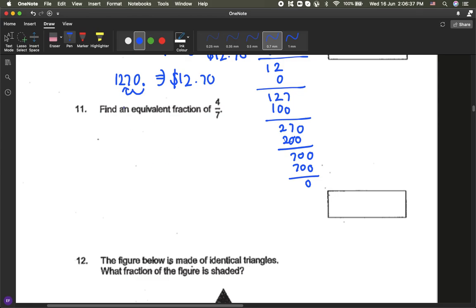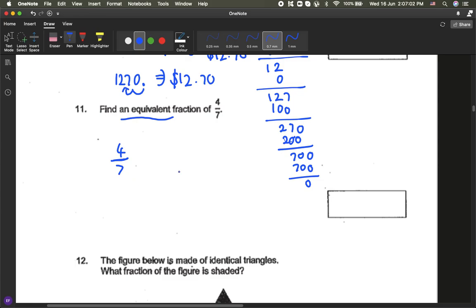Question 11. Find an equivalent fraction of 4/7. So 4/7, can we provide a simpler form of this fraction? Unfortunately, we can't because there are no common factors between 4 and 7.